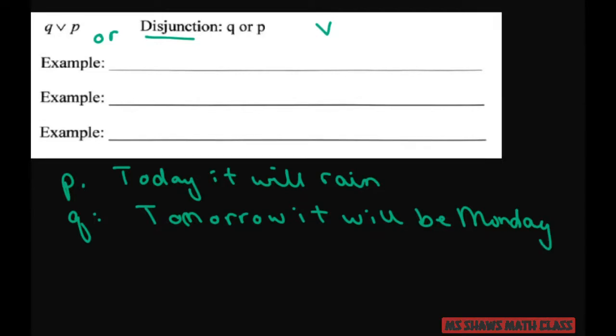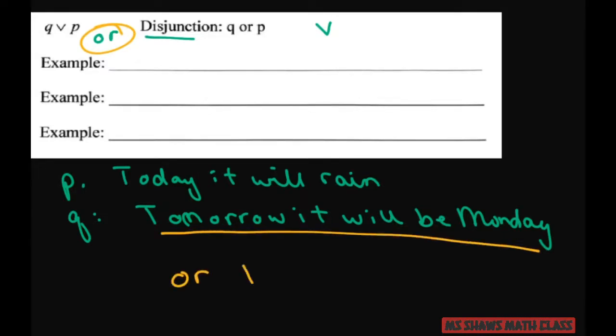So for Q or P, you're going to say tomorrow it will be Monday, or today it will rain.